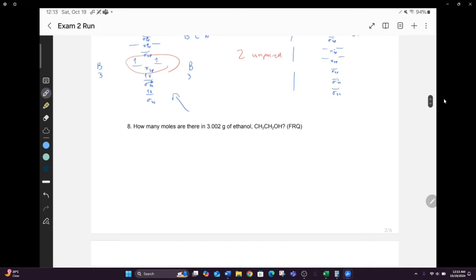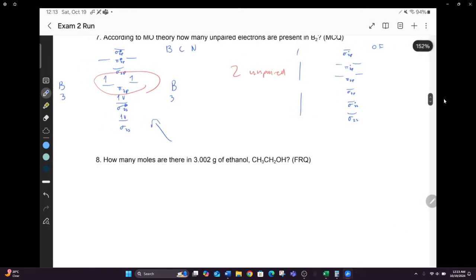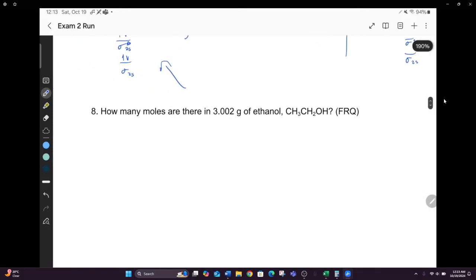Next is how many moles are there in 3.002 grams of ethanol. I believe we've had questions like this on the previous exam. Pretty simple stuff. You should have a lot of practice with this, especially because a lot of questions build on this idea. It's a lot of dimensional analysis. So 3.002 grams of ethanol.